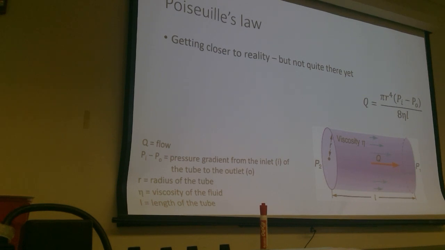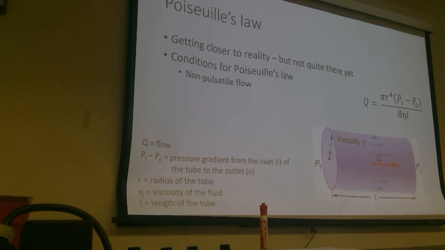P_I minus P_O is the pressure gradient from the inlet side to the outlet side. Oftentimes you'll just see it written as delta P, the change in pressure. The thing that looks like an N is the Greek letter eta, which stands for viscosity. And L stands for the length of the tube.